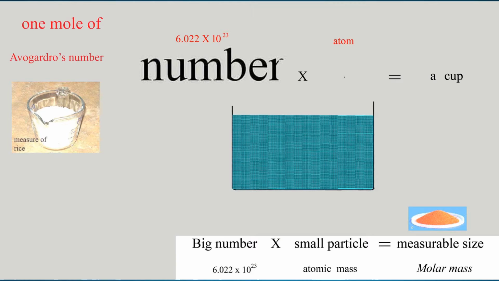And this size is the molar mass. What is meant by molar mass? The mass of 1 mole of atoms. Molar mass means 1 mole of atoms, how much does it weigh?